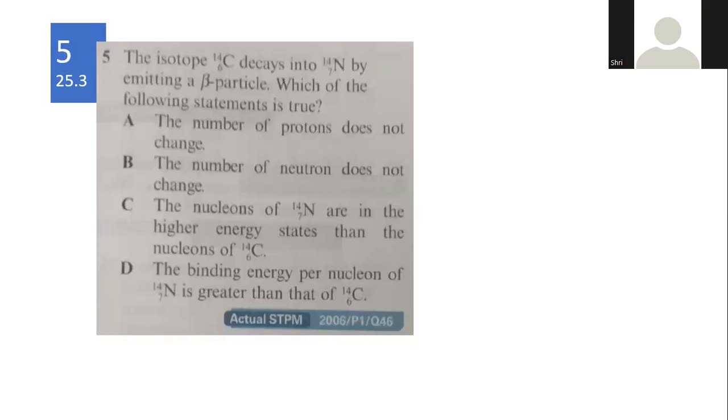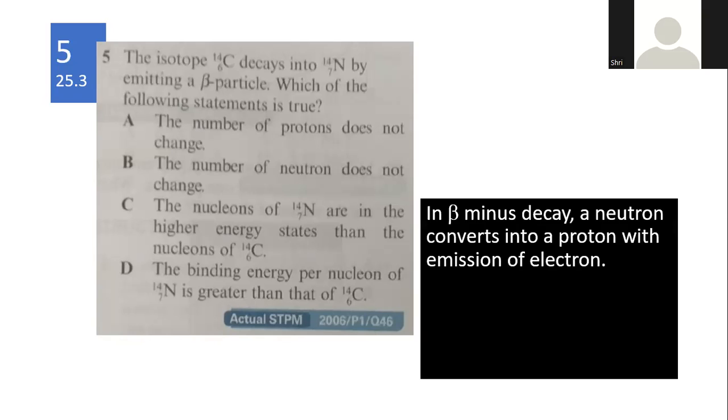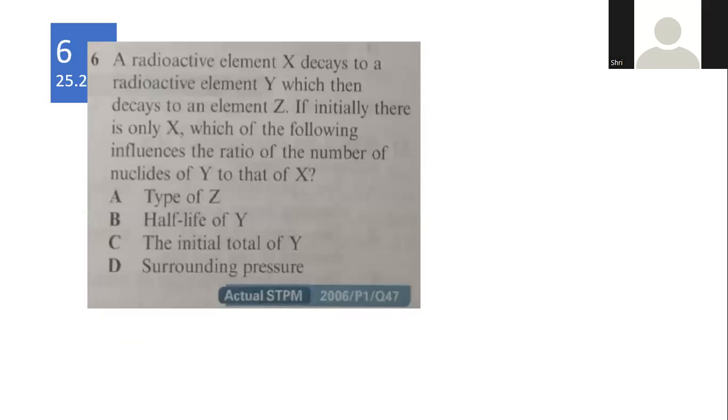How about this one, number 5? The isotope carbon-14 decays into nitrogen-14 by emitting a beta particle. Which of the following statements is true? D. Beta minus decay, a neutron converts to a proton with emission of an electron. D, okay. Number 6.